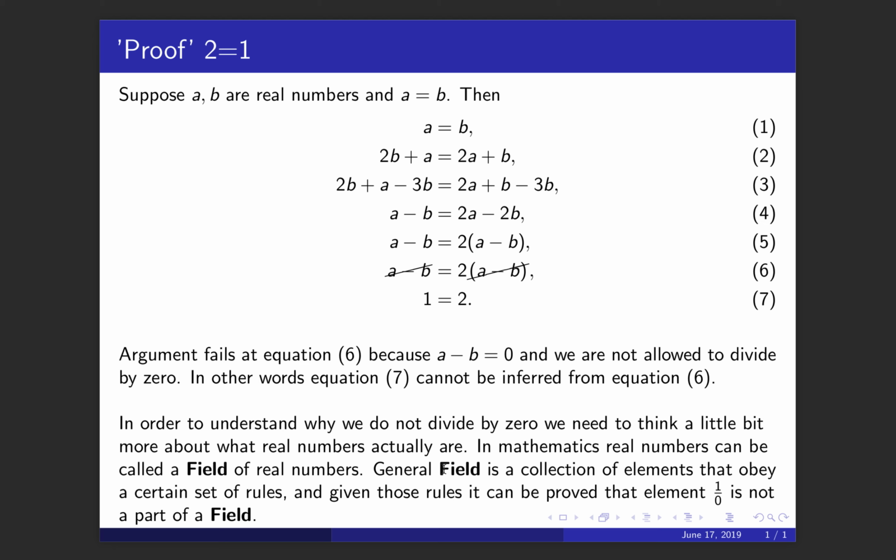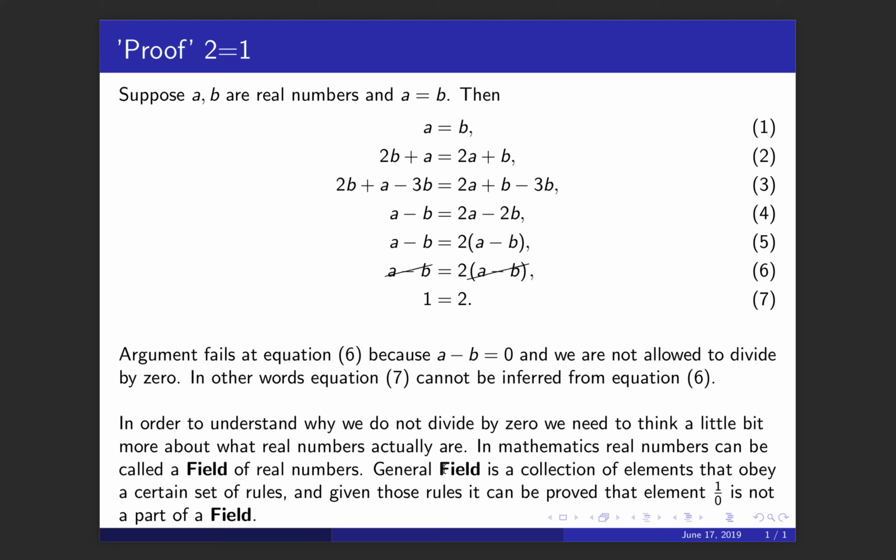So when we say divide by 0, rigorously speaking, we say multiply by a multiplicative inverse of 0, right? And a multiplicative inverse has the property that when you multiply it by the number with respect to which this multiplicative inverse has been taken, the result of this multiplication is 1.